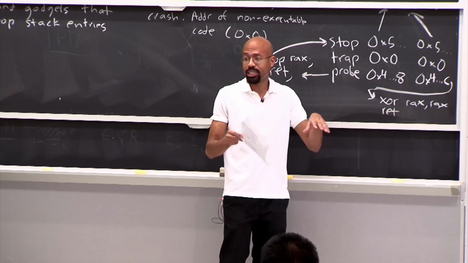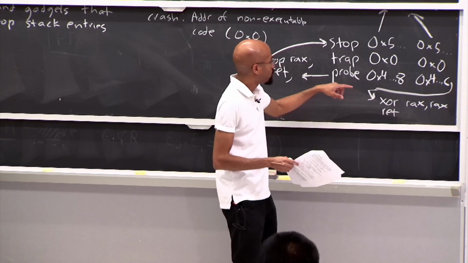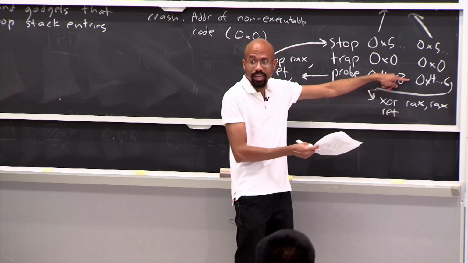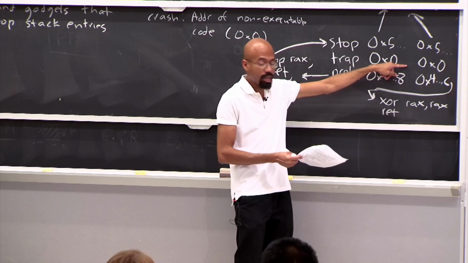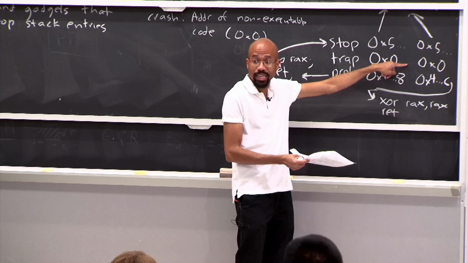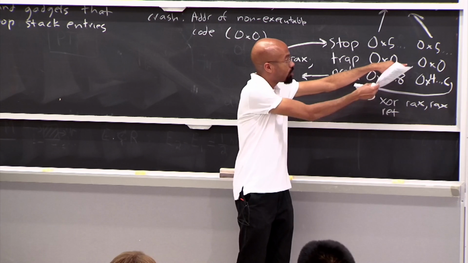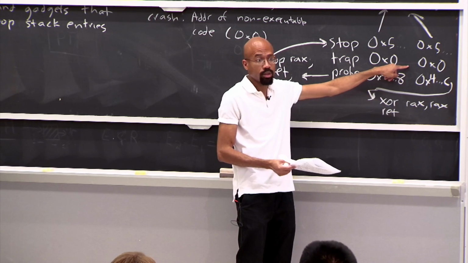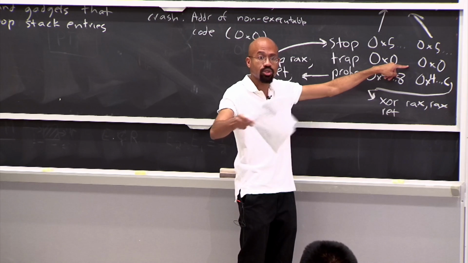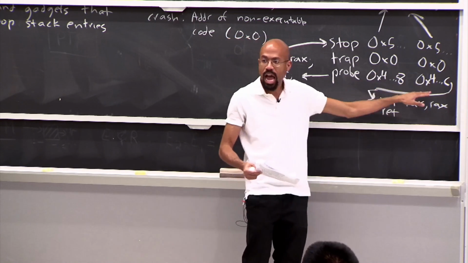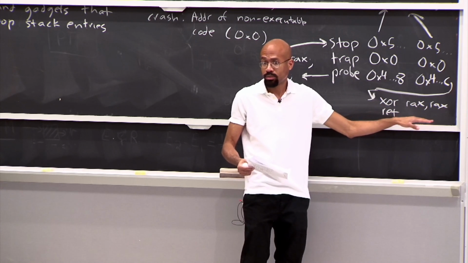Okay? It just changes the contents of registers. So what's going to happen? We're going to be here. We're going to jump to the address of this gadget. Stack pointer goes here. Okay? We're going to XOR these two things, right? Stack pointer is not going to change. Then we're going to return to whatever the top of the stack is, which is 0. This is going to crash. Okay? The client connection to the server is going to close. And as a result, the attacker knows that this is not a stack popping gadget.